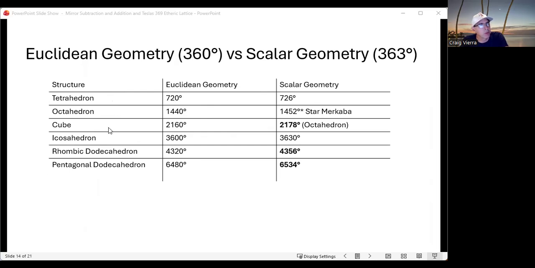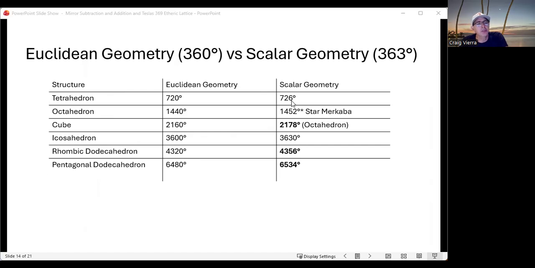Octahedron, 1440, cube, 2160, icosahedron, rhombic dodecahedron, and the pentagonal dodecahedron. I'll go into these in a separate video and show you how to calculate the internal angles. This is important because it tells you the magnitude, the container, and how much magnetism can be packed in there.